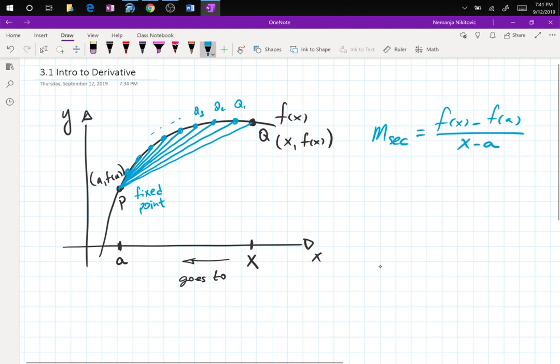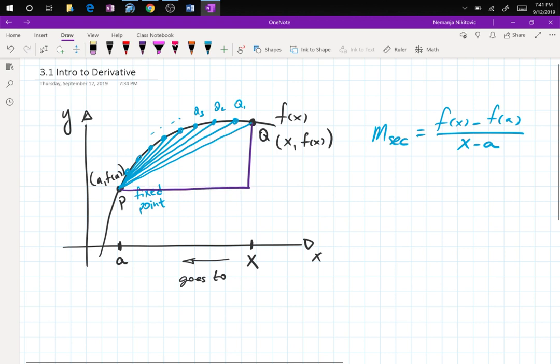Now, this particular secant line is the way to use algebra to measure the change. What kind of change am I measuring? Well, please think of, I'm going to erase this. Consider this triangle here.